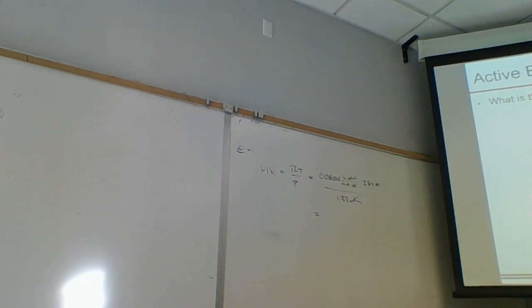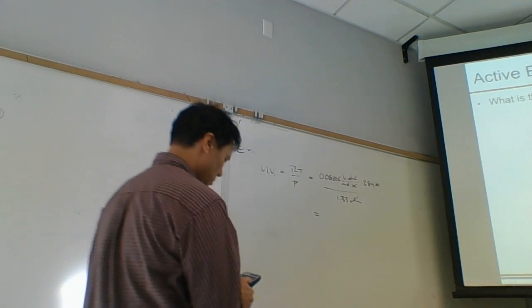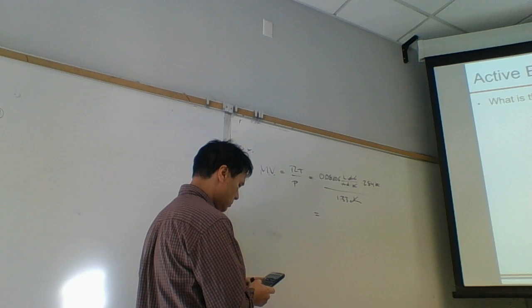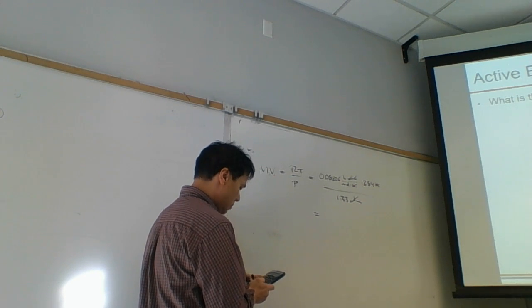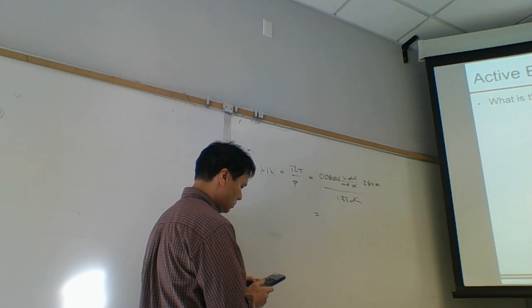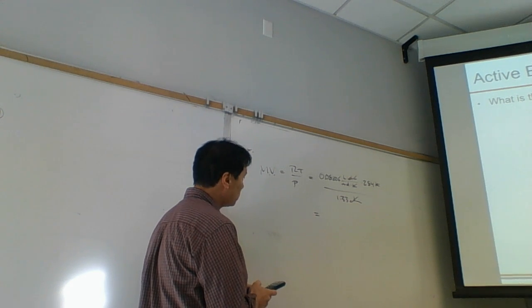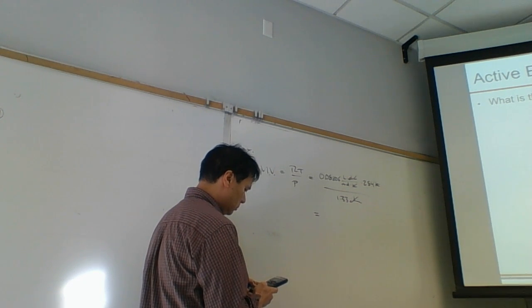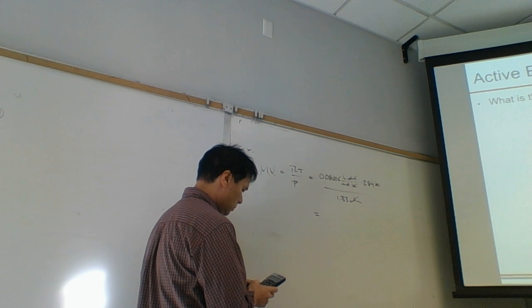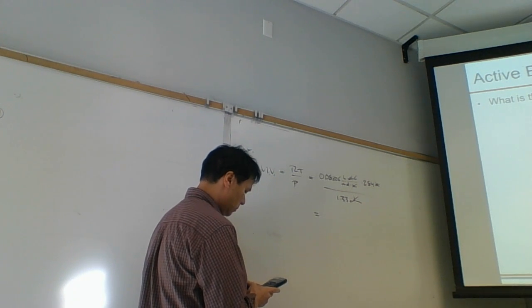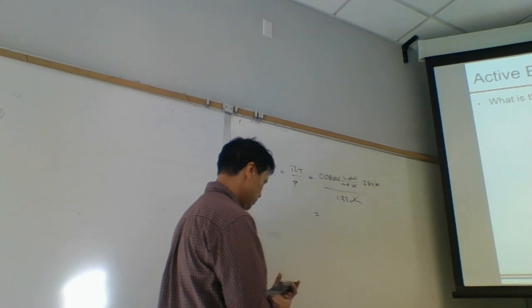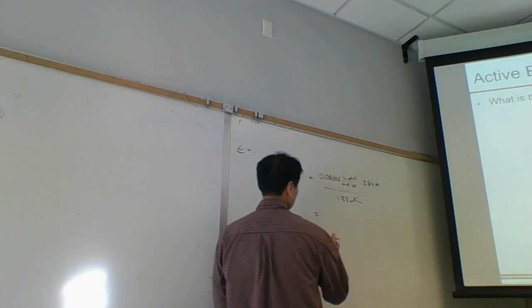And so let's go ahead and calculate this. Here is going to be 0.08206 times 284 divided by 1.33. 2.135.